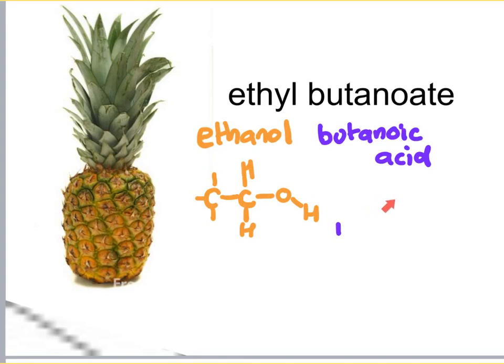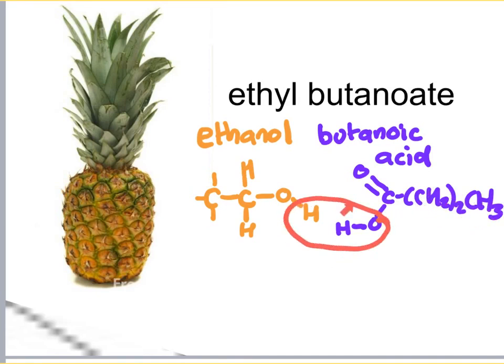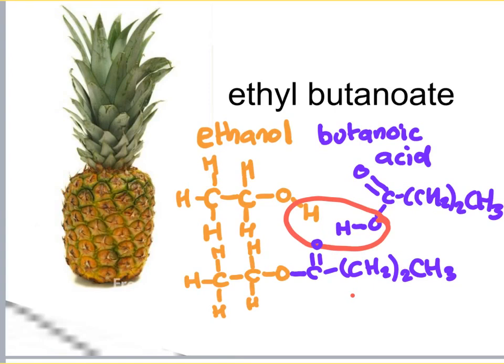So there's the carboxylic acid group, the carbonyl bond, and the rest of the alkyl group. So we've just summarised it here. CH2 twice, CH2, it's 4 carbons. Lose your molecule of water. There's your ester link. Let's highlight the ester link again. And a molecule of water is released because it's a condensation reaction.